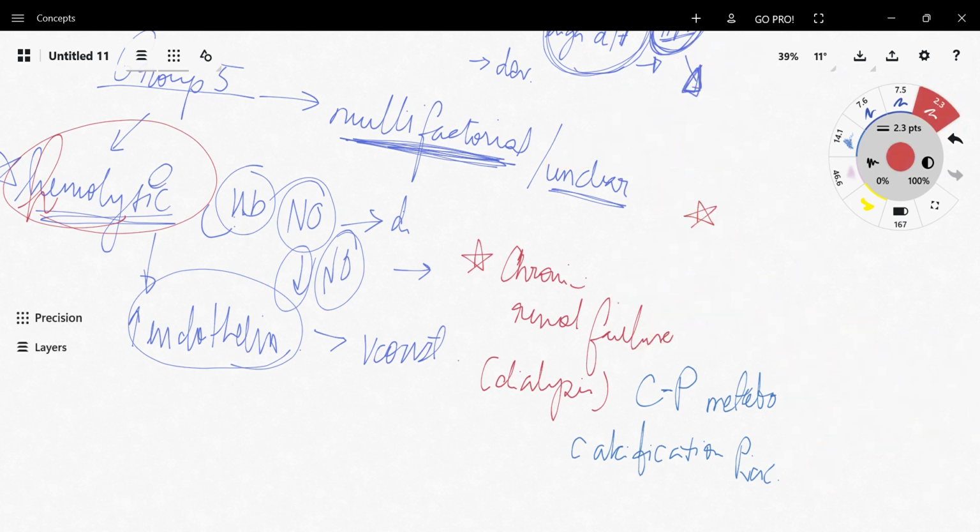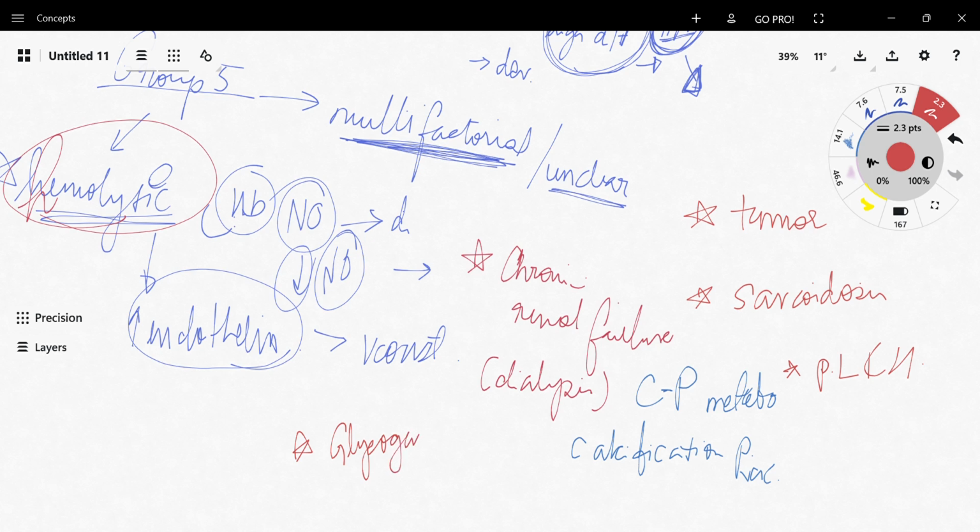Other etiologies that can fall under group 5 are a tumor that presses and causes pulmonary hypertension. It can be because of sarcoidosis and pulmonary Langerhans cell histiocytosis, and metabolic disorders like glycogen storage disorders, right?